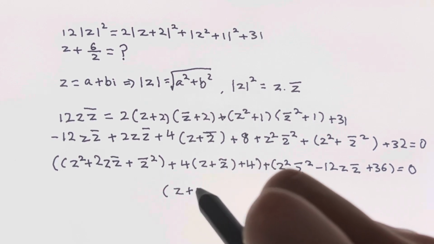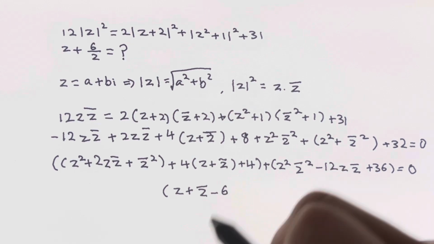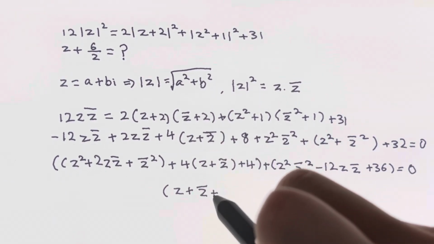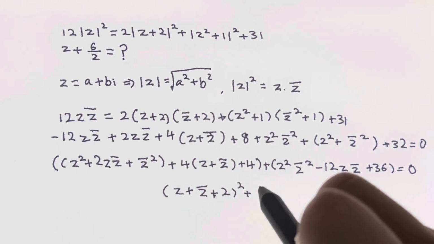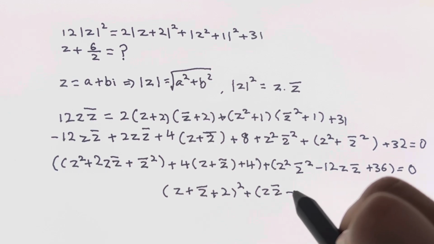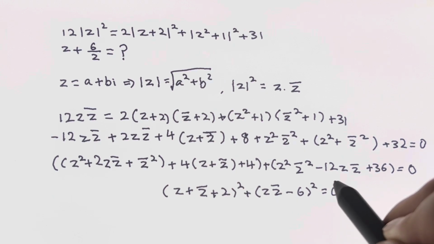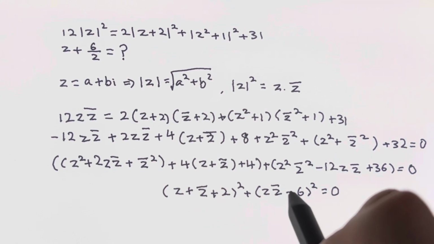In this case, z plus conjugate of z plus 2, squared, plus z times conjugate of z minus 6, squared, equals 0. And since the two quantities in the parentheses are real, both quantities must equal 0, meaning that this portion and this portion must both equal 0.